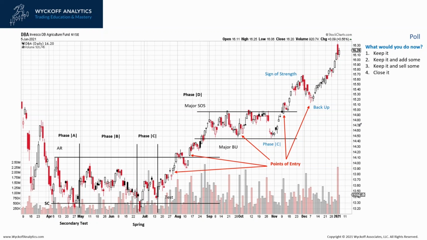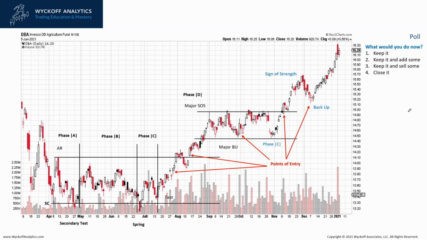I take us back to that UUP chart. I think that there's an element of rotation into these agricultural themes, partly as a result of the weakening dollar. And you can see that the dollar has been weakening, possibly accelerating its weakness as the DBA has been accelerating here. Notice the very high volume.